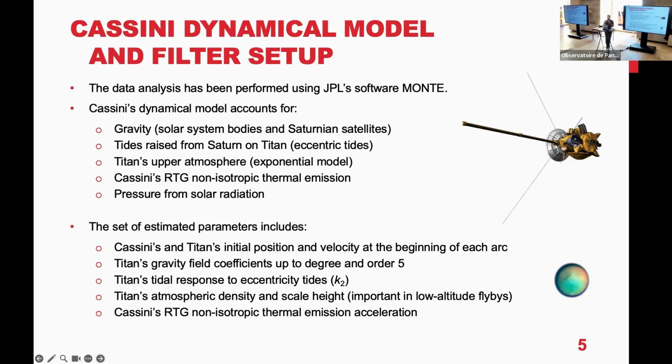So in order to prevent biases in the estimation, we decided to update the Titan ephemeris in each arc, which again allows us to prevent biases in the estimation at a cost of a small increase in the uncertainty, which is in the order of 20%.